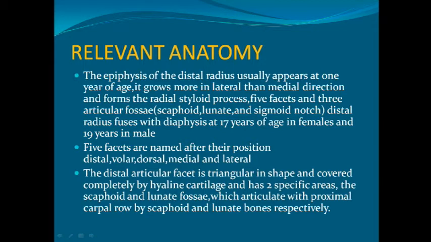Okay, you all know what the radial styloid process is. Distally it extends and forms a conical structure called the styloid process. It has 5 facets and 3 articular surfaces: scaphoid, lunate, and sigmoid notch.